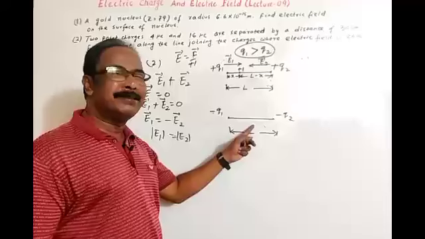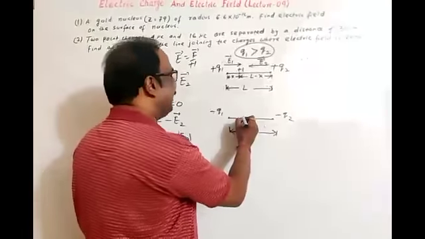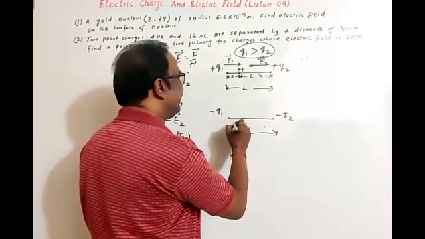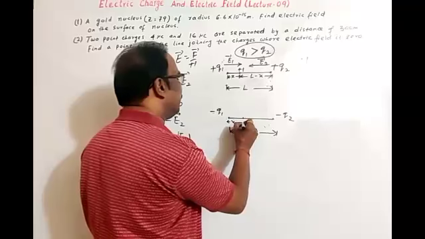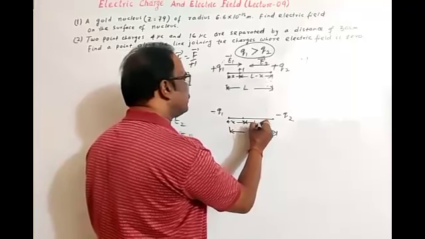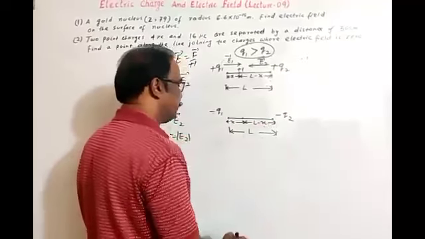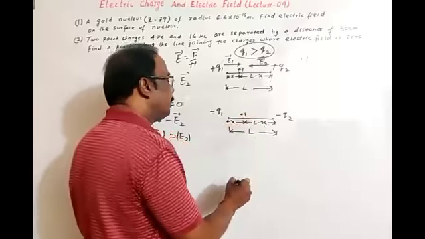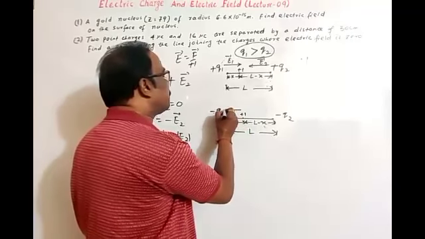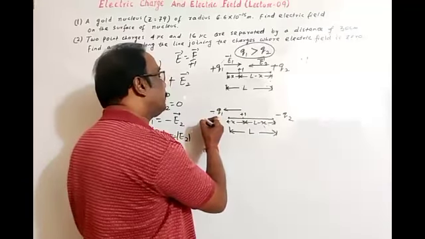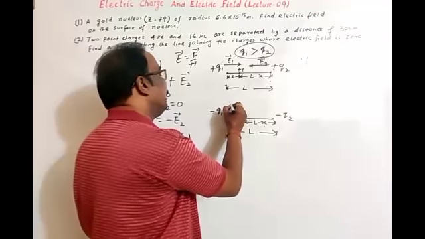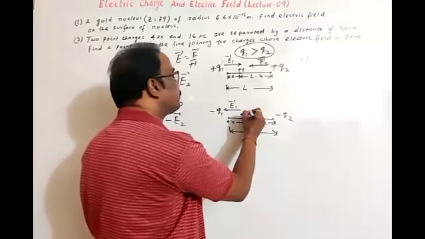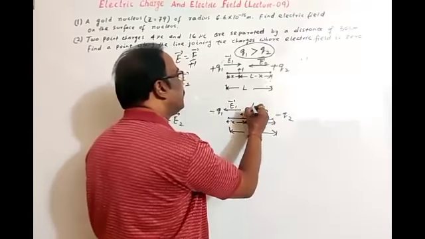Let's analyze the second case. Again take a point here at a distance x from -q1 and at a distance L minus x from -q2. Let's place a unit positive charge here, then -q1 will attract the unit positive charge. Let the intensity be E1. -q2 will attract the unit positive charge.